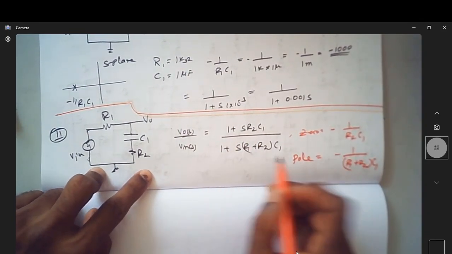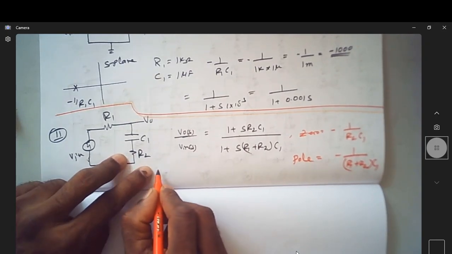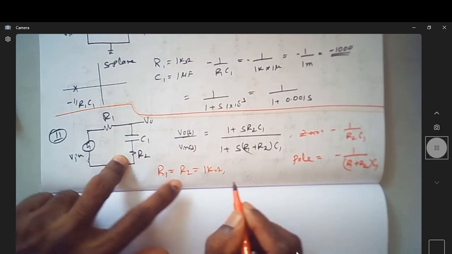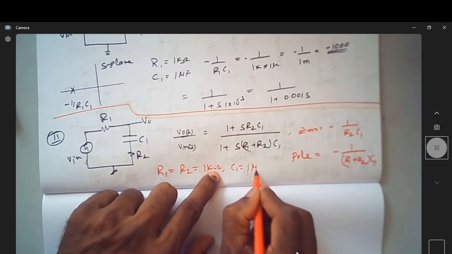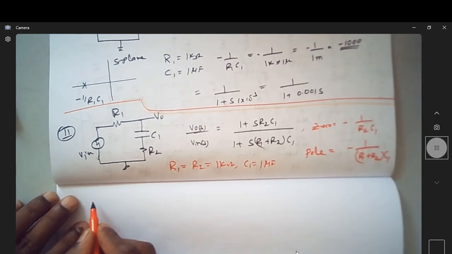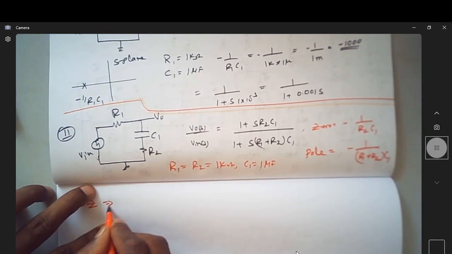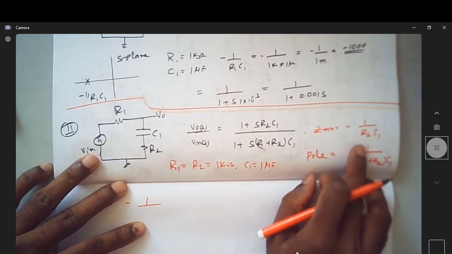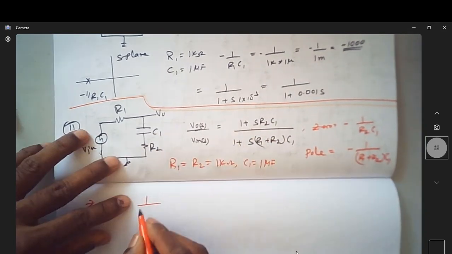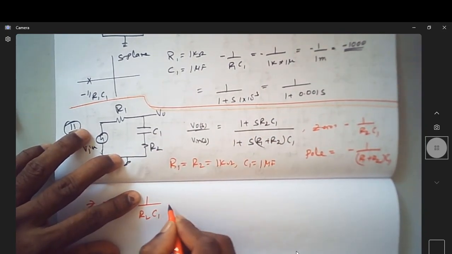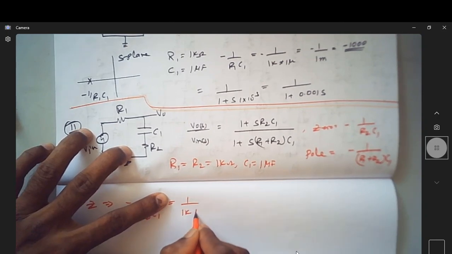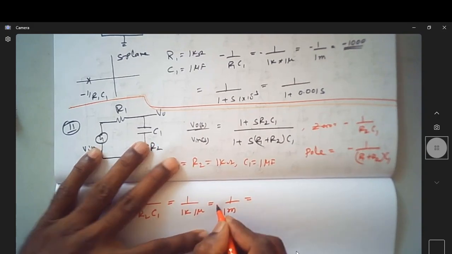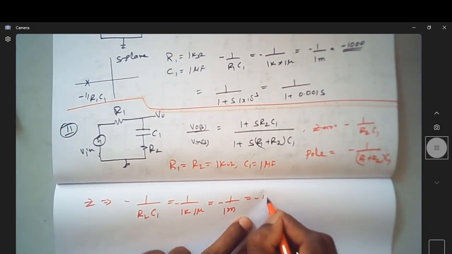Suppose you take the values R1 equal to R2 equal to 1 kilo ohm and C1 equal to 1 microfarad, which will give me a 0 at minus 1 over R2 C1, which is nothing but 1k into 1 micro, which happens to be 1 milli, so minus 1000.